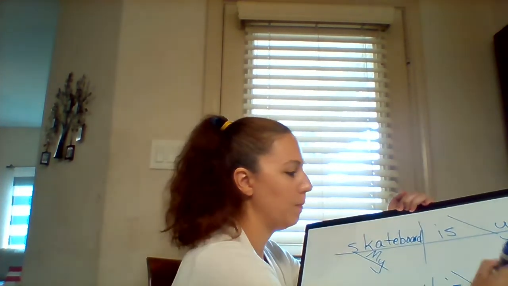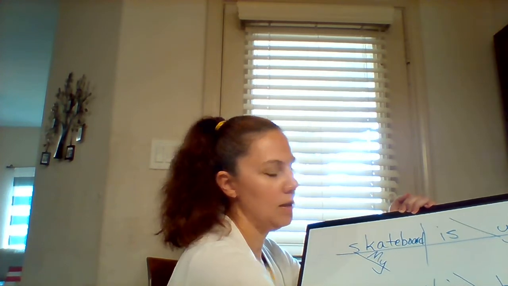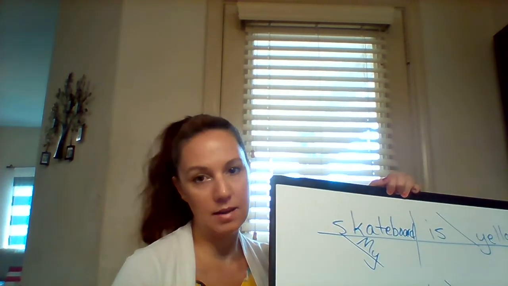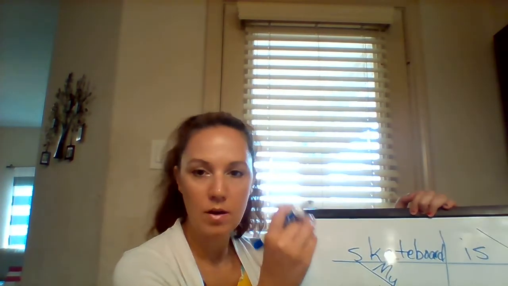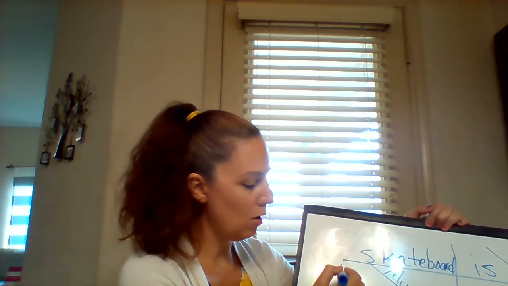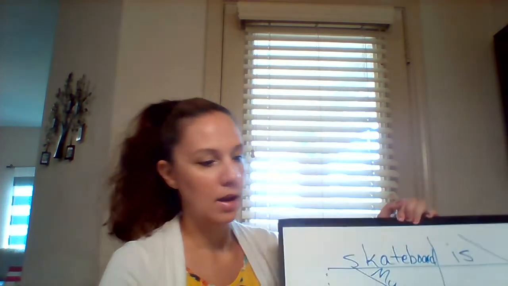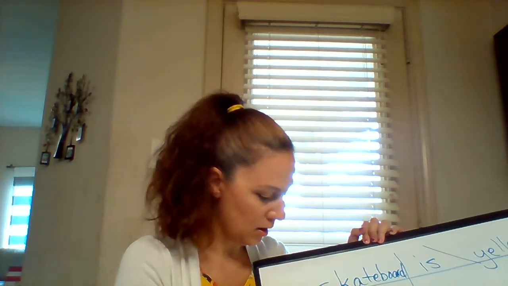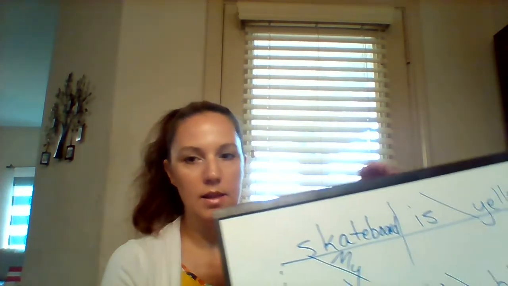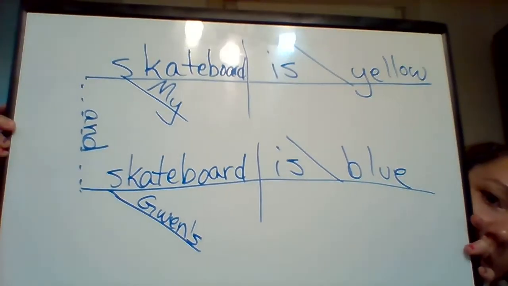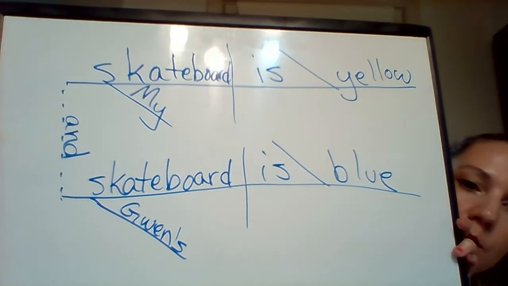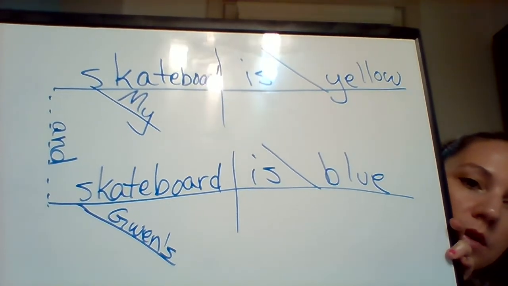Blue. And the last thing I have left to do is connect them. So instead of putting the line between, we're putting it all the way to connect the two lines all together. And then my conjunction goes on that line. So I connected them with and. Well, you can see that okay. So my skateboard is yellow and Gwen's skateboard is blue.